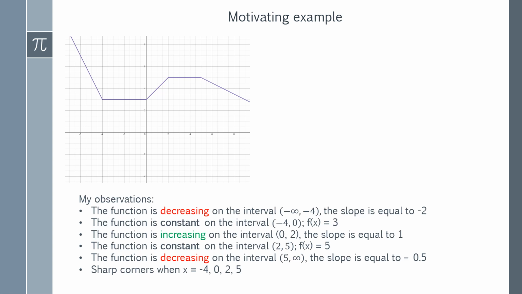The function is decreasing on the interval from -infinity to -4. Let me highlight this interval right here so you can see that the line is going down to the right, and you can also compute the slope of this line, and the slope is equal to -2.